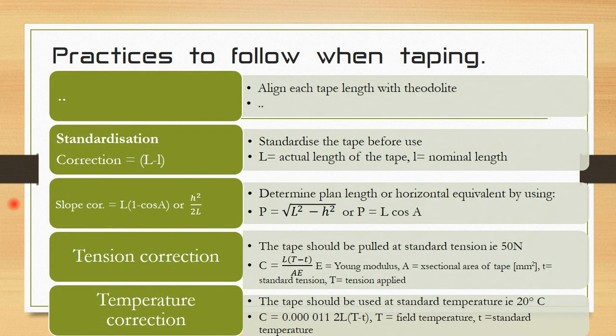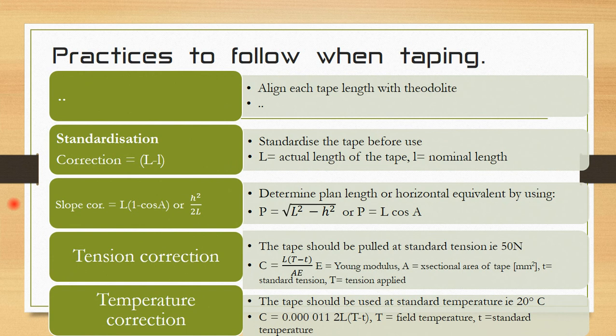So, practices that you need to follow when taping. Like we have seen in our previous discussion, whenever you're using the tape measure, there are possibilities that you may not get the actual distance from the tape because of the conditions of the environment, or because of the incompetency of the one doing the job.